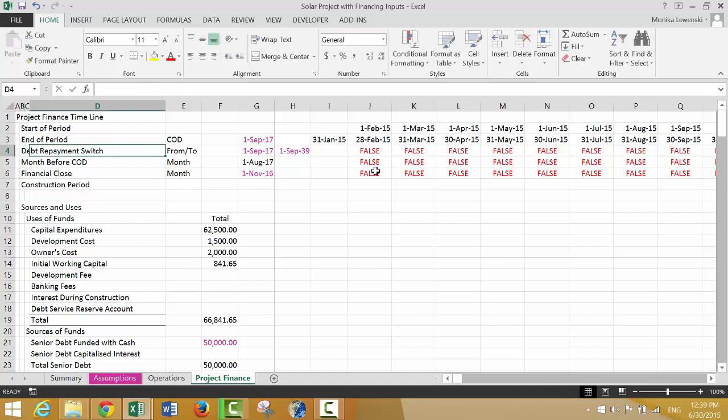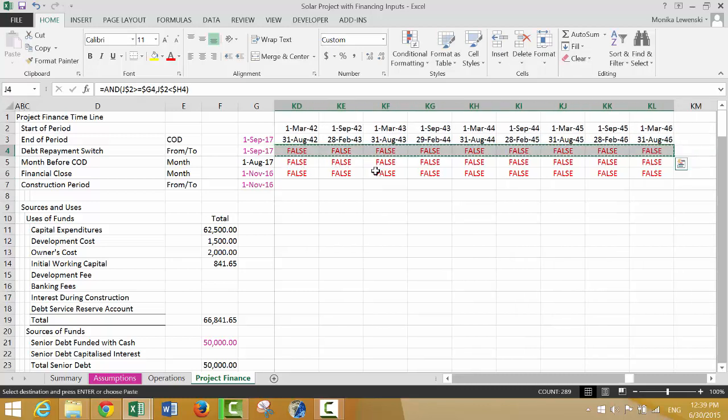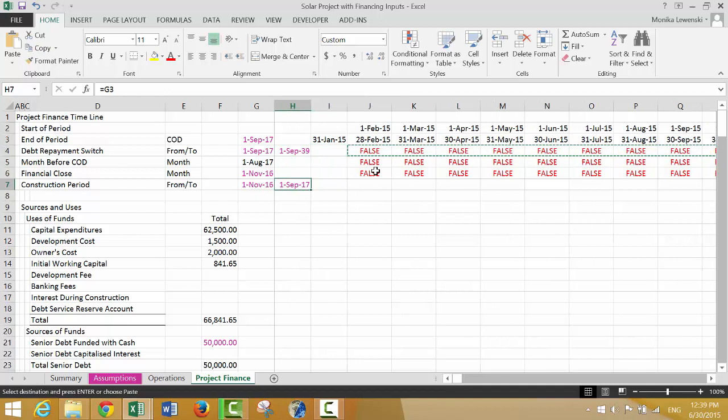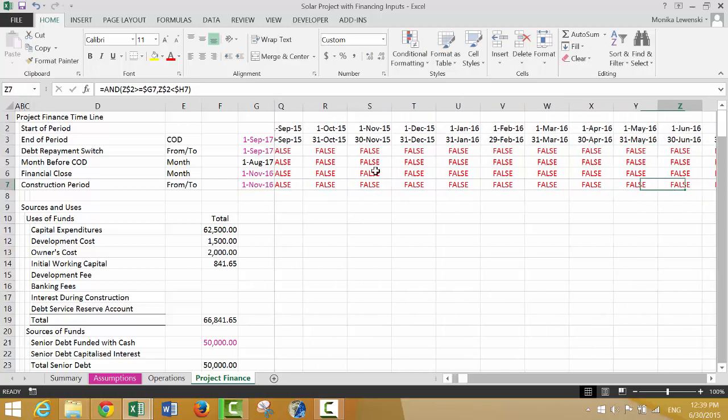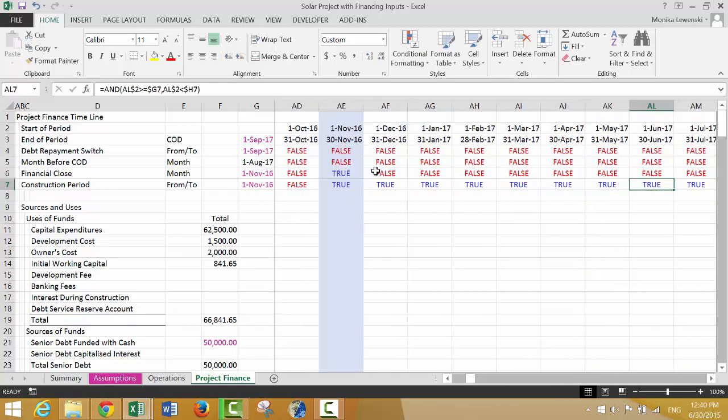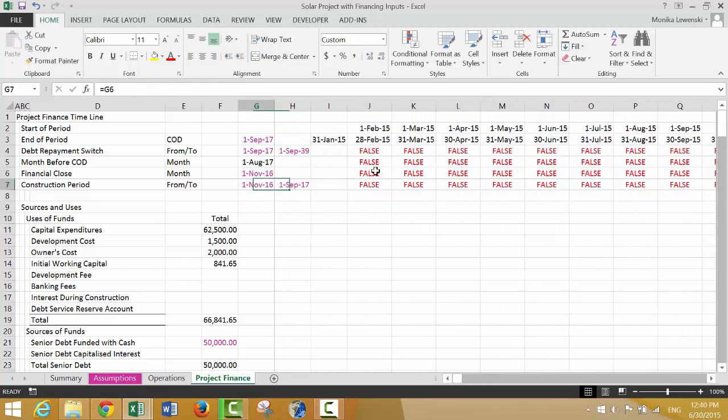Okay, and what we could do is, so this is from the financial close, and it ends on the commercial operation date, and we already did this kind of thing. So if we do this, it should be all fine. Okay, and then we just have trues only during the construction period.